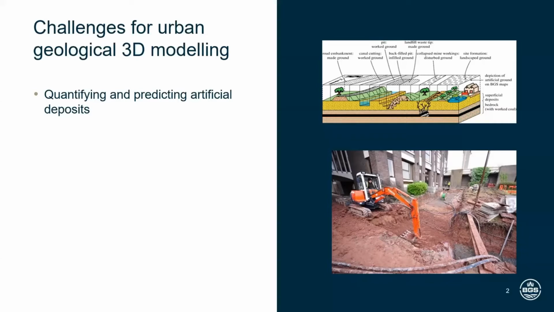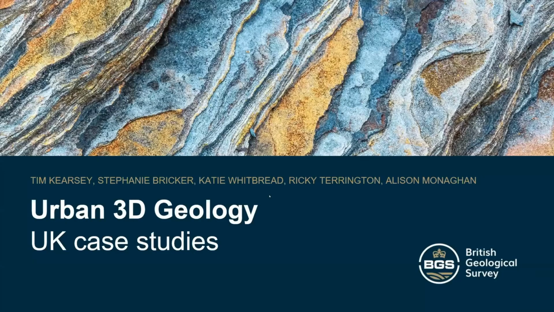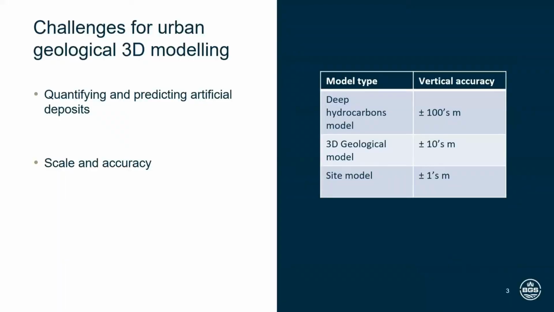The next thing I'm going to talk about is scale and accuracy. One of the challenges of working in urban environments, and again, other presentations have picked up on this, is that you're demanding a much higher resolution of accuracy of your models.